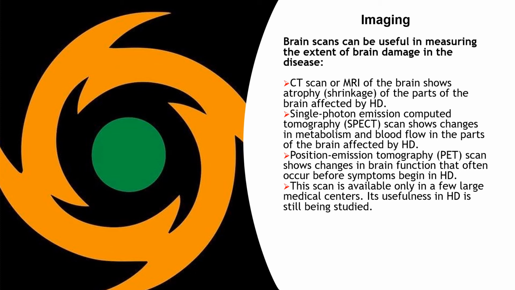Single photon emission computed tomography or SPECT can show changes in metabolism and blood flow in parts of the brain affected by Huntington's. Positron emission tomography or PET scan can show changes in brain function that often occur before symptoms begin in Huntington's.